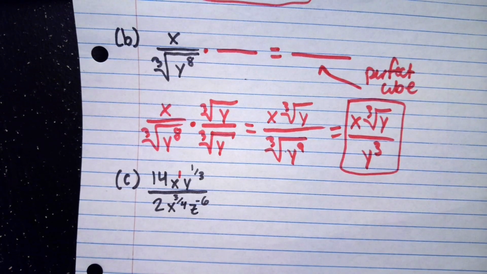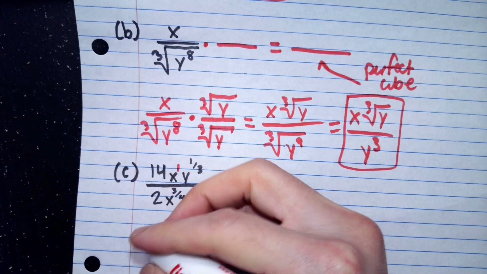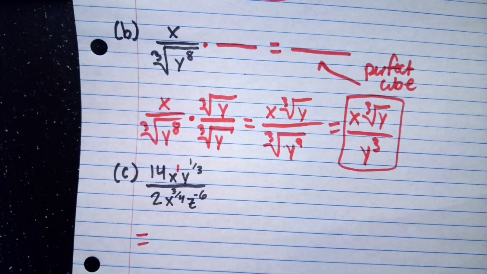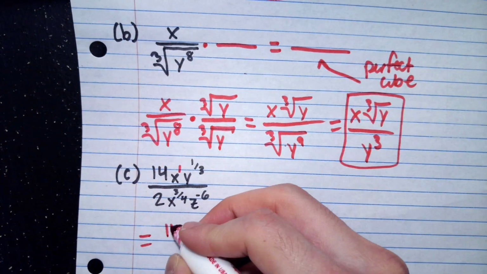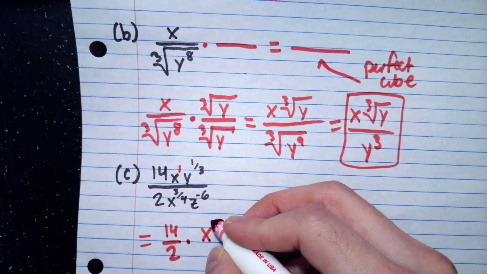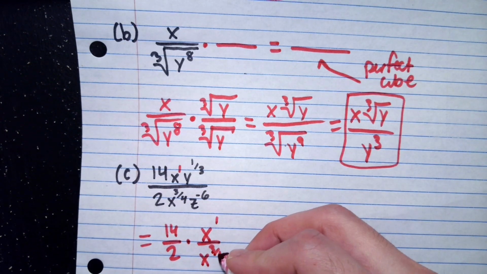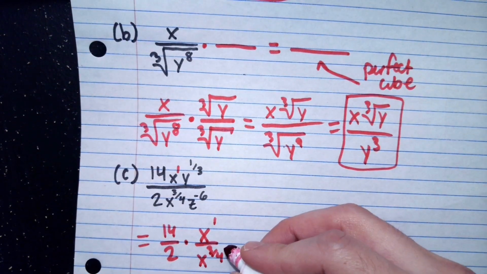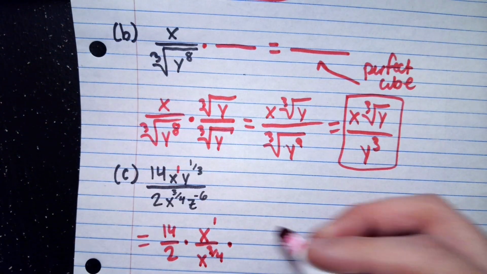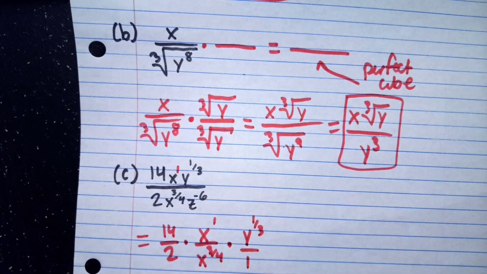Once we establish that, we're going to say that this is actually equal to, and we're going to start taking this apart, 14 divided by 2 times x to the 1 divided by x to the 3/4 times, there is no y downstairs, so I'm just going to do y to the 1/3 over 1.